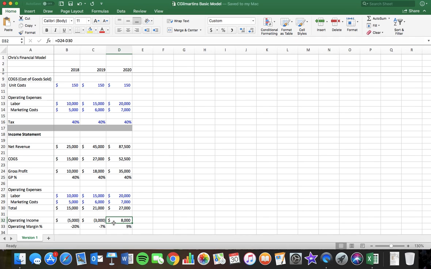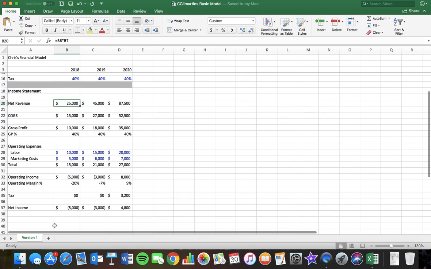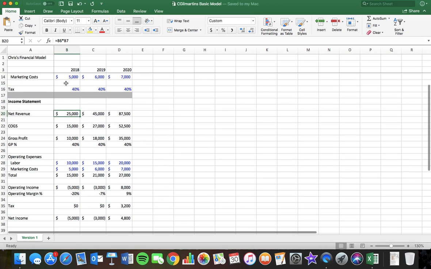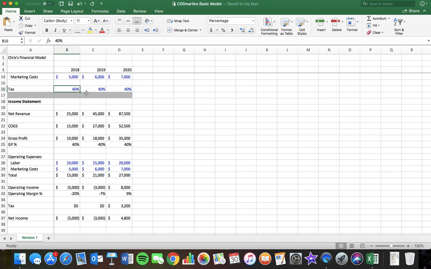Now the operating margin percent is basically your operating income divided by the net revenue, which would give you the operating margin percentage. Now tax that year, we'd go back up here. Remember we had a 40% tax on our income.